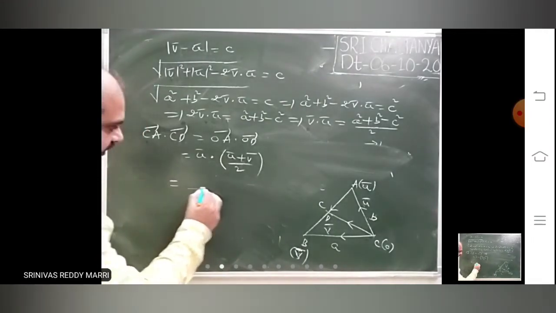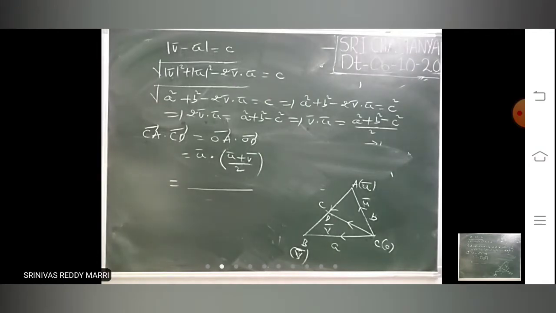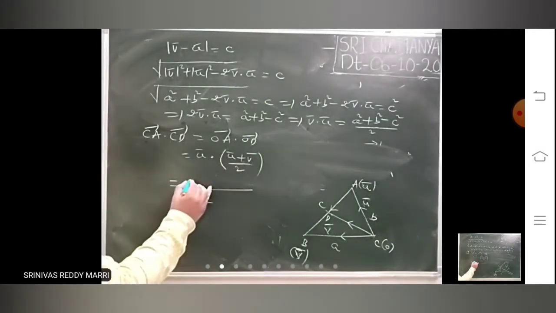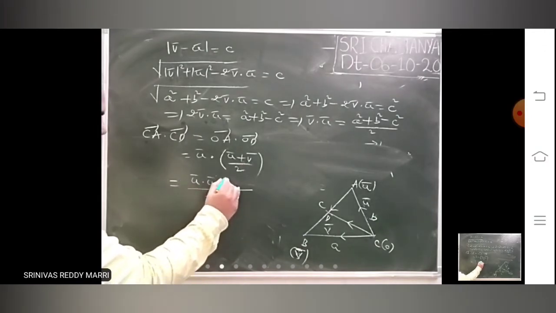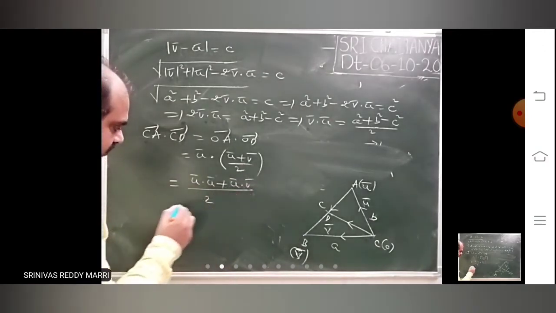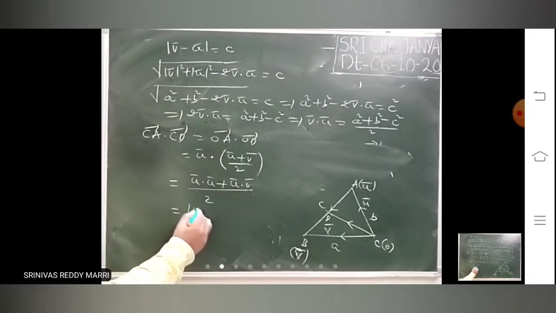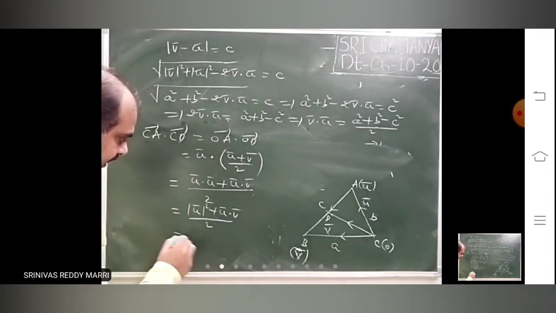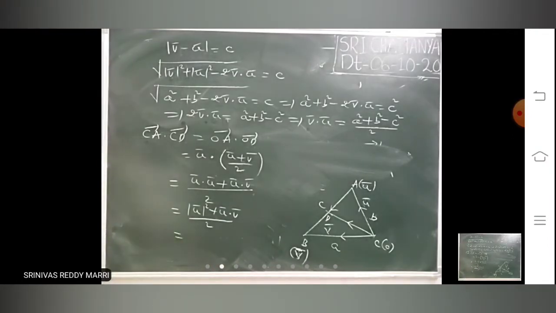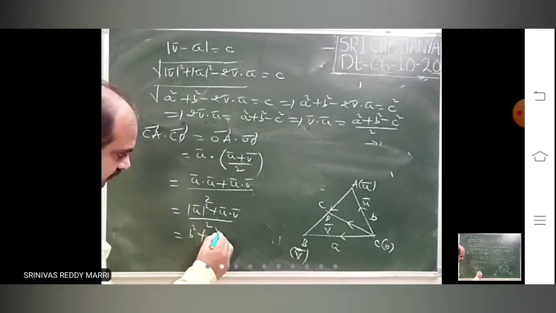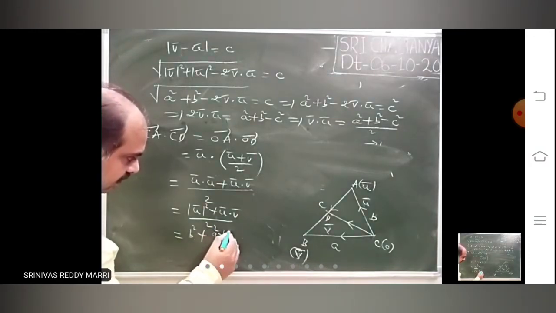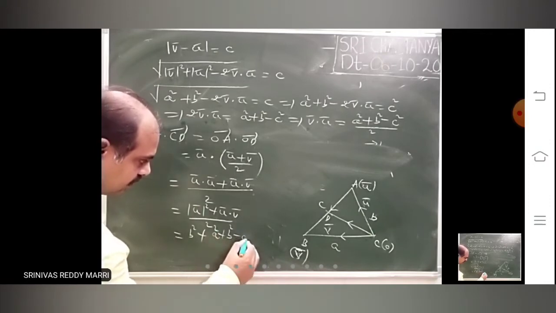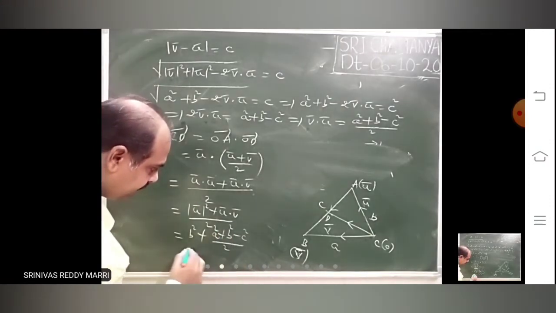So therefore this is nothing but divided by 2, U dot U plus U dot V. So this is nothing but modulus U bar square divided by 2. Modulus U bar square means what? Modulus U is B, so B square plus U dot V we got, divided by 2.